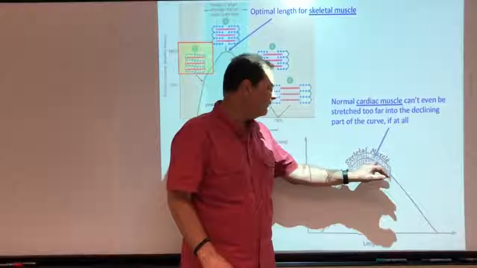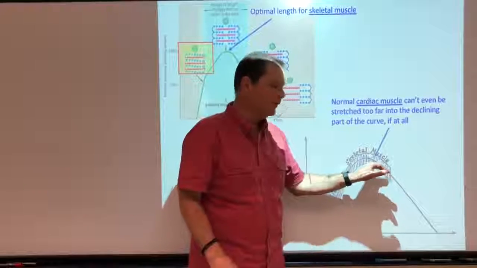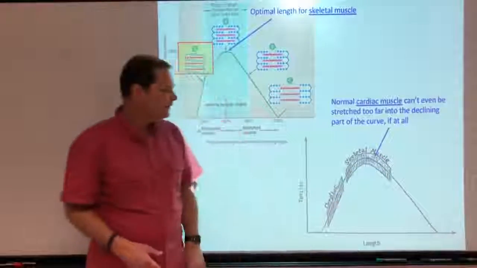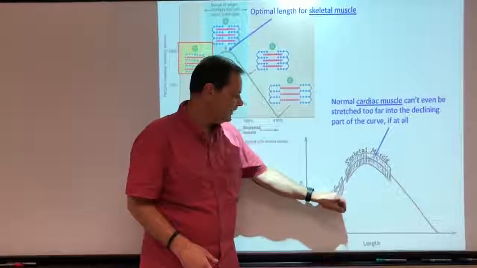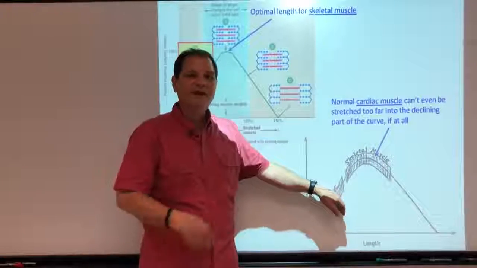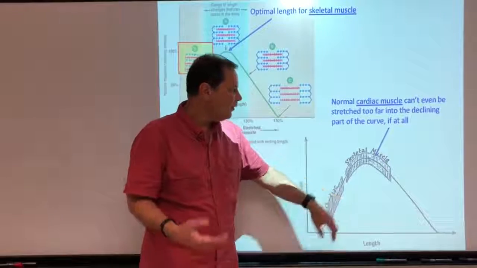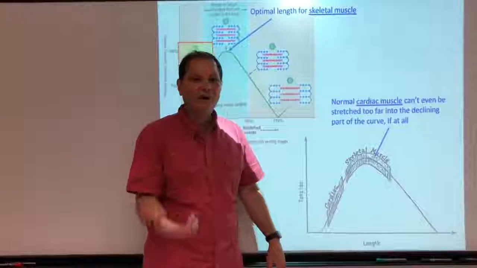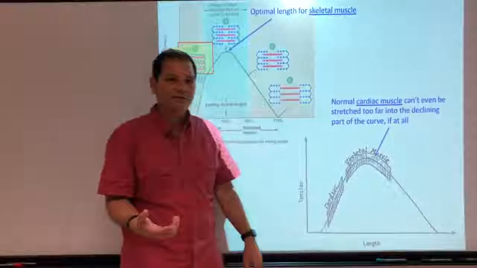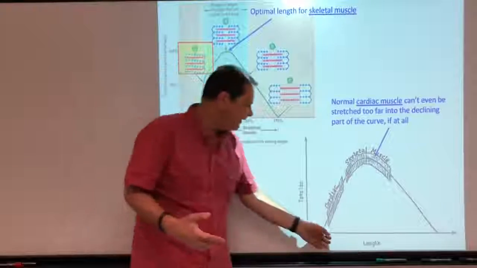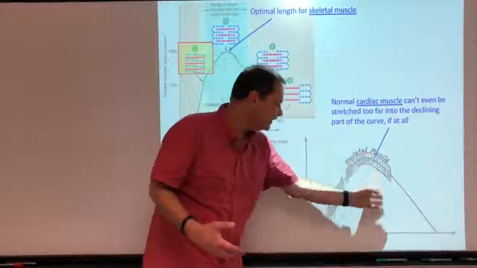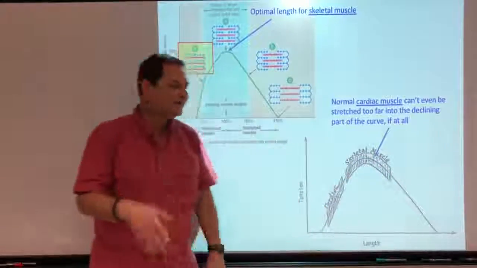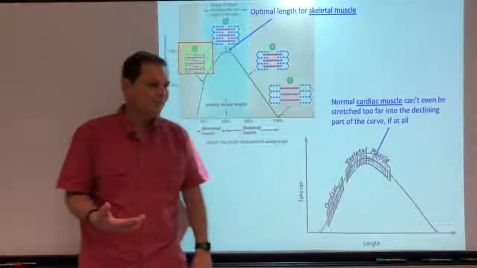So cardiac muscle never makes it very far into this part of the curve, if at all. And so what that means, cardiac muscle sits here. It doesn't sit at the peak. And if you increase the length of cardiac muscle, you always increase the force of contraction. Okay, so this is the length-tension relationship for cardiac muscle. You can ignore this part altogether, so that it makes it different than skeletal muscle.